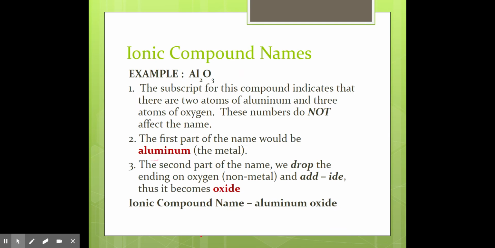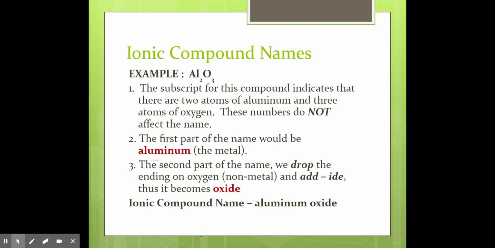With ionic names, for the first part, the metal, you always just write the metal name. For example, Al on your periodic table is aluminum. So we're just going to write aluminum. O is oxygen. You find oxygen on your periodic table and spell it out. Now we're going to drop the ending and add "ide."